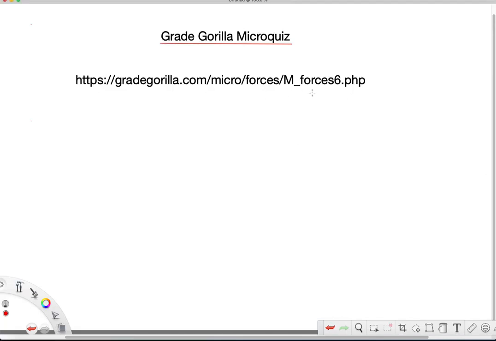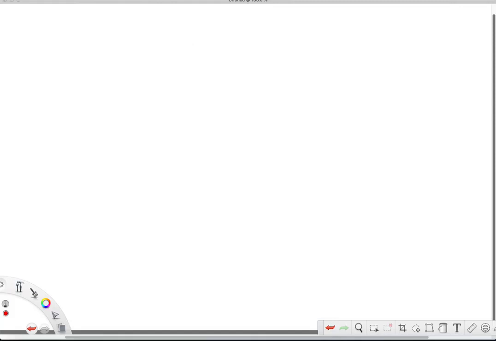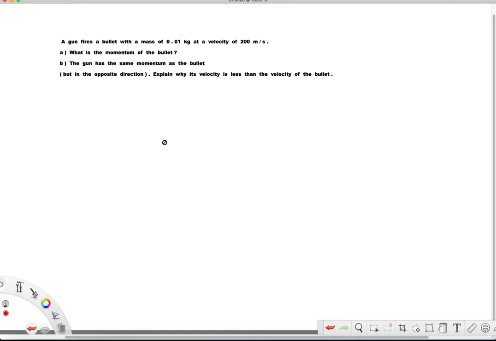If you go there and have a go at that, if your teacher is signed up to it, then they can give you your marks, and it's a really quick, handy way of checking your progress and your grasp of this stuff. And once you've done that, you can go to Isaac Physics. There's some good challenging questions there. But before we do that, let me take you through this.